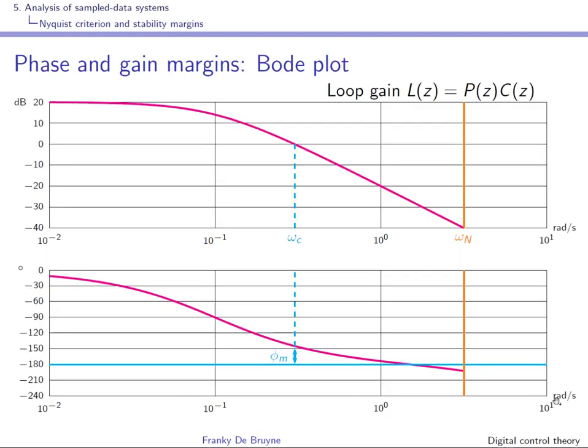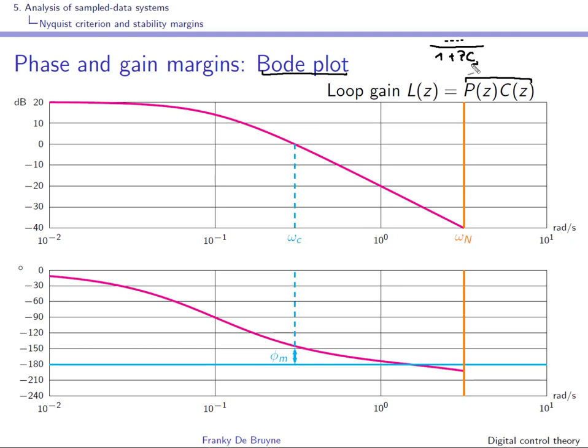So we'll have a look here at the phase margins and the gain margins in a Bode plot. You have to have a look at the loop gain PC. This is important because in the transfer functions that we're considering, we'll have a numerator and the denominator will be 1 plus PC.